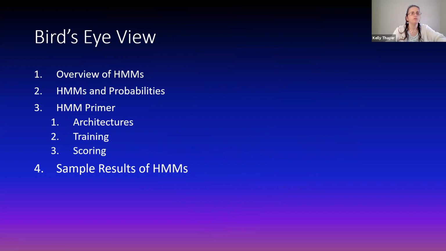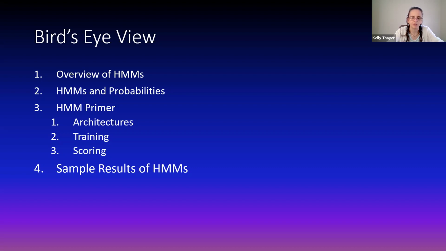So here's an overview of what we'll talk about today. We'll begin with an overview of hidden Markov models, what they are, and a little bit about how they work. Then we're going to talk about hidden Markov models and probabilities, and to this we'll have a special treat. We'll be visiting the slightly dishonest casino to understand how that works. And then the third part, we're going to be talking about a hidden Markov model primer, where we talk about three major areas.